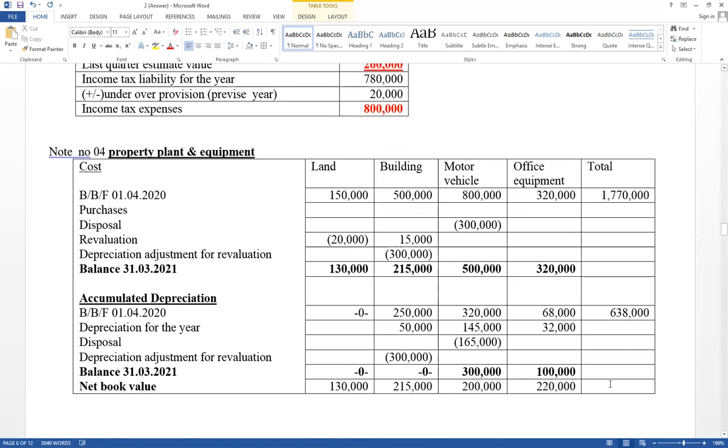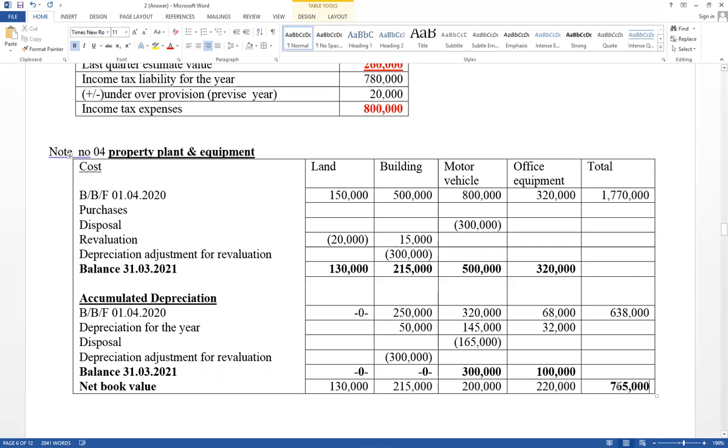Take the net book value total amount; that value should be included in the statement of financial position. 130,000 plus 215,000 plus this one plus this one.